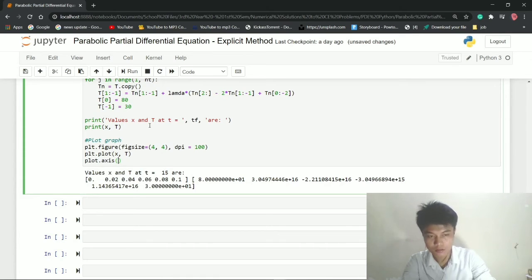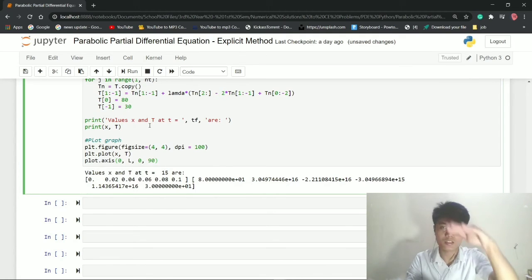So yung ating arguments is 0 to L. Yun yung ating x, yung sa x-axis natin yan. So sa y-axis naman natin, ito naman yung kanyang temperature, which is 0 hanggang 80, di ba? So for the sake of, para mas maganda siya tingnan, lagyan natin ng 90.